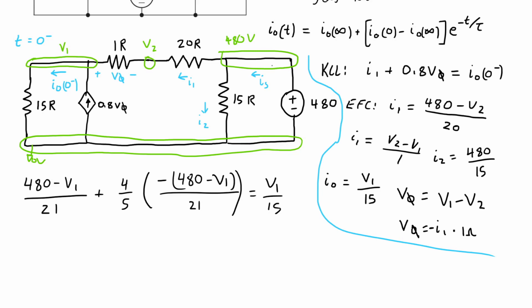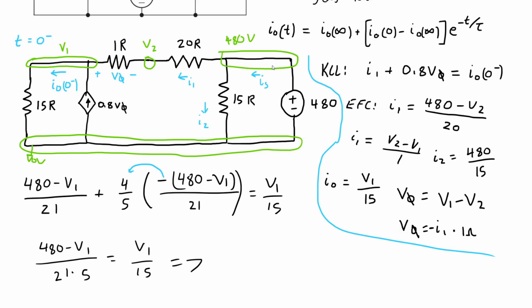So I'm going to take the minus out, and I'll make this basically 1 minus 4/5. So it'll be 480 minus V1 over 21 times 5 equals V1 over 15.